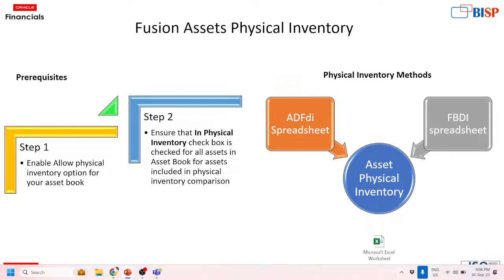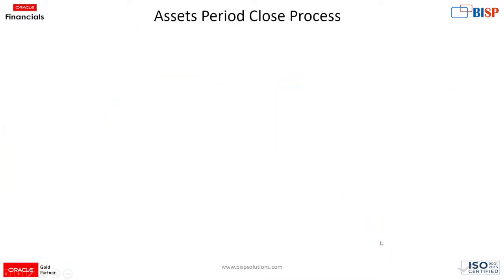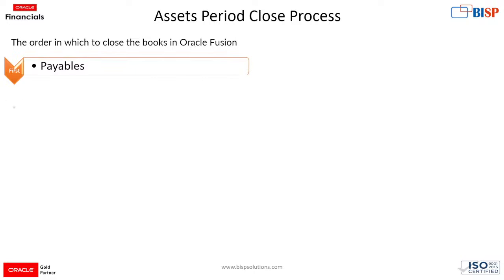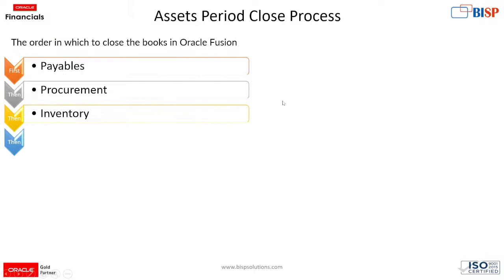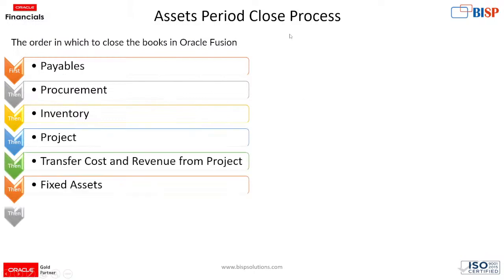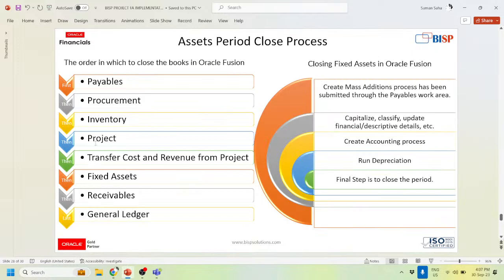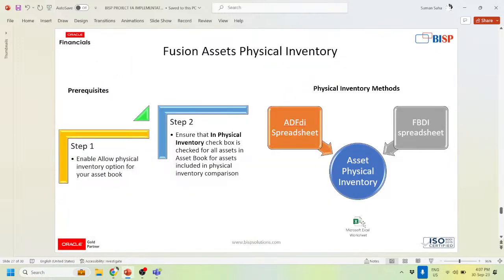So let us now see the PI, the physical inventory done by the business user, who provided that particular file. Let me open that particular file.